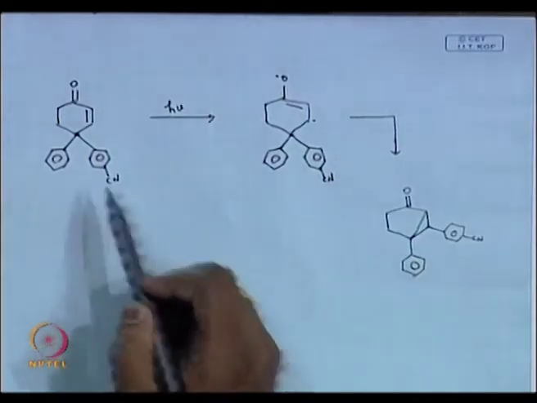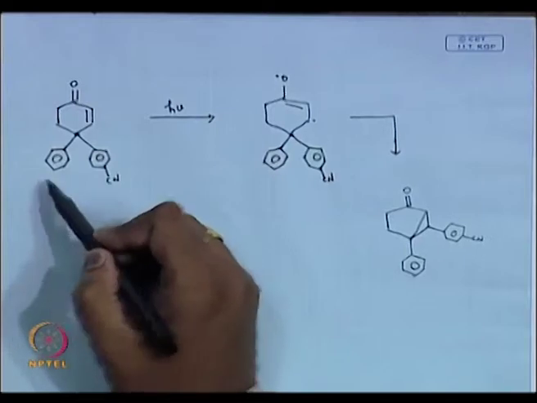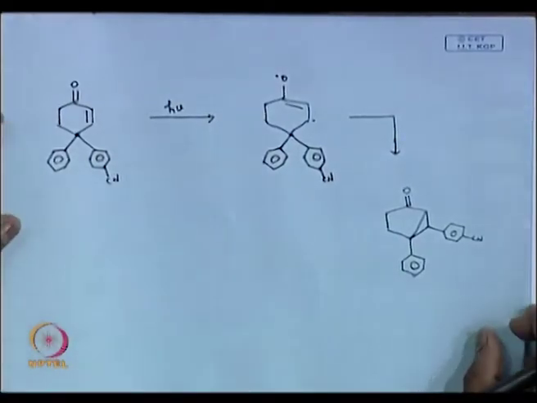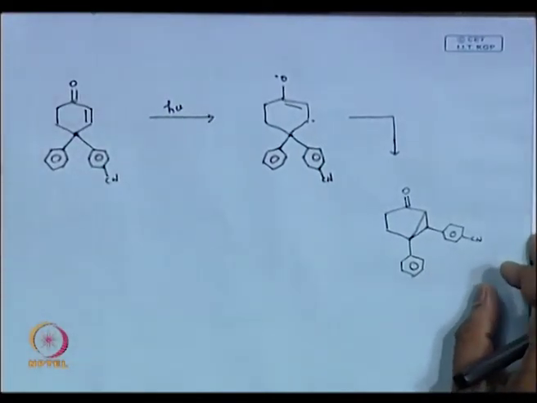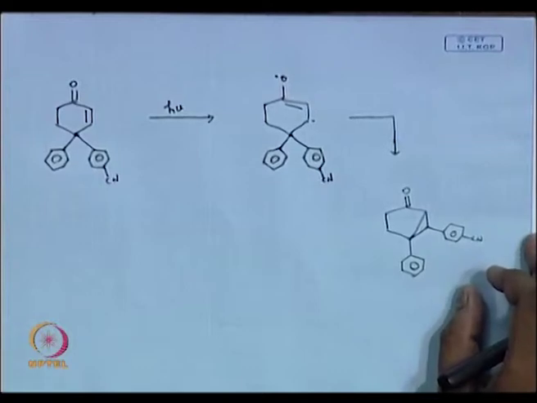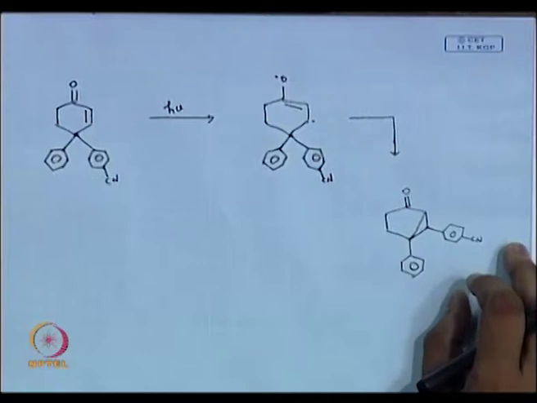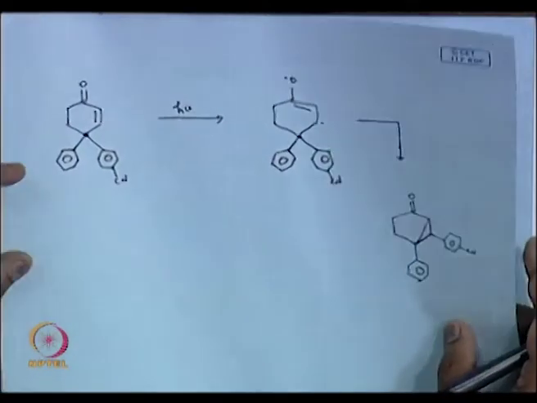I have a phenyl with a chlorine substituent and another with a fluorine substituent. Chlorine is? Any guess? Anyway, I will give that in the assignment so that you give me the product.